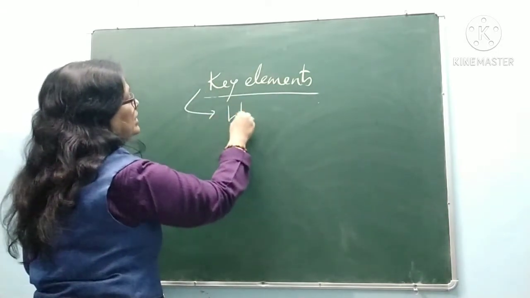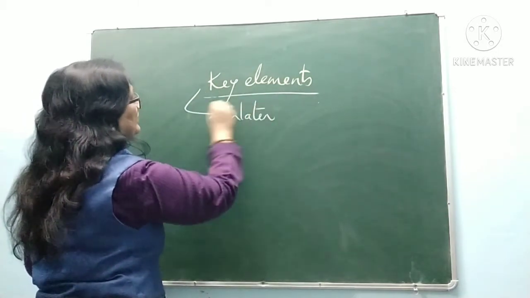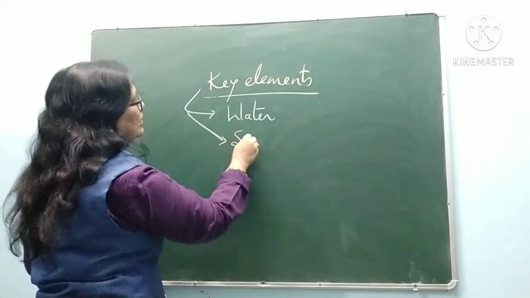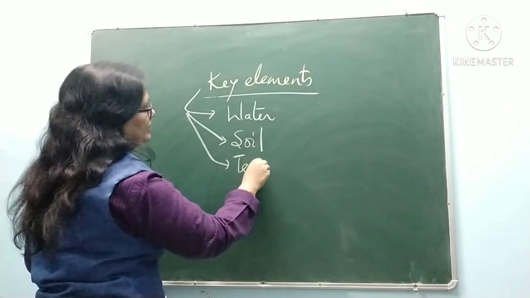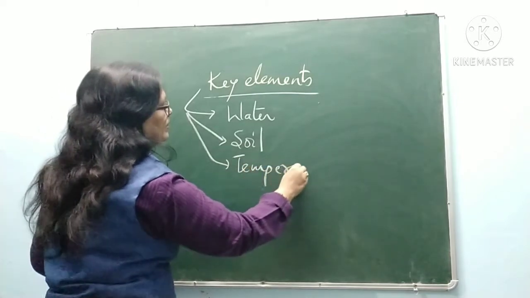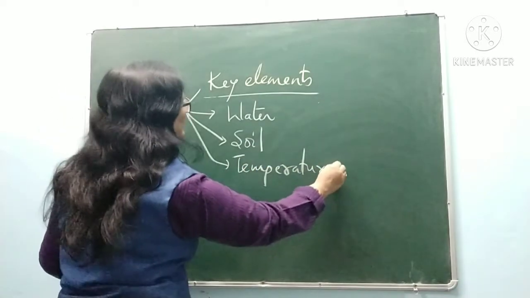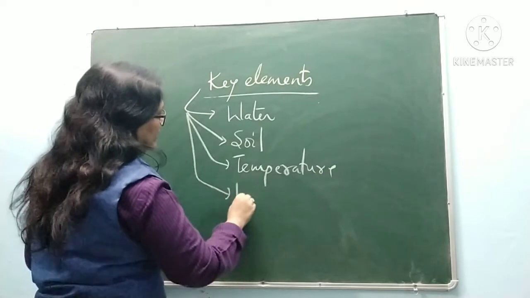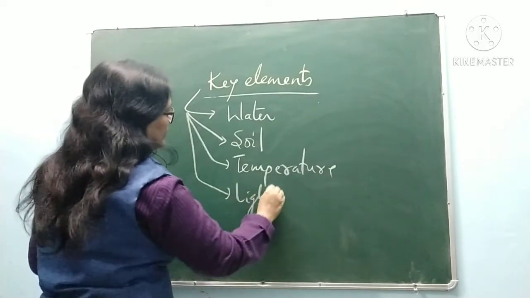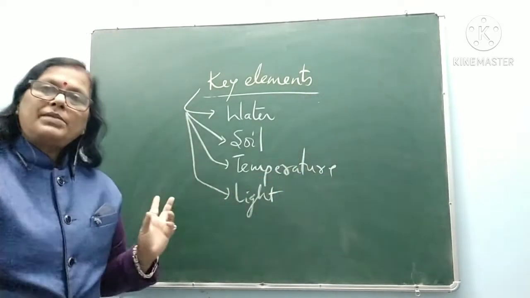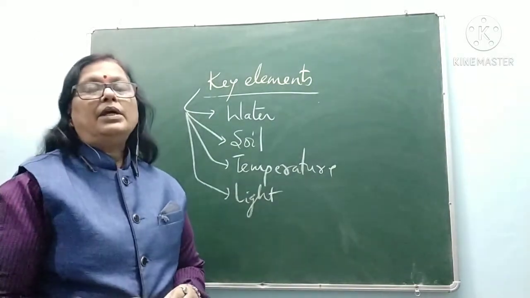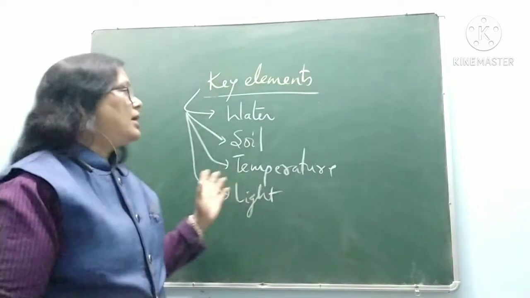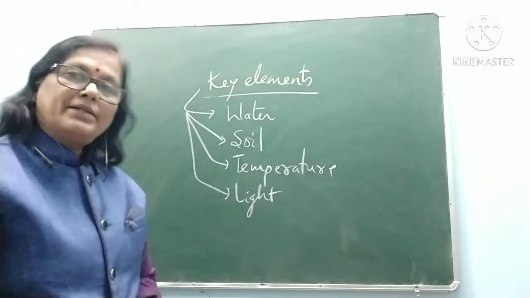The first is water, soil, temperature, and light. These determine the physico-chemical characteristic features of the habitat. These all are abiotic factors.